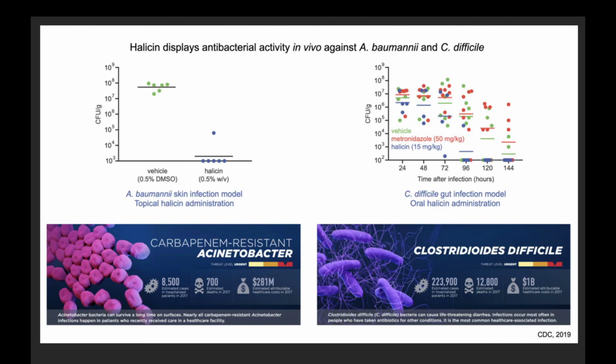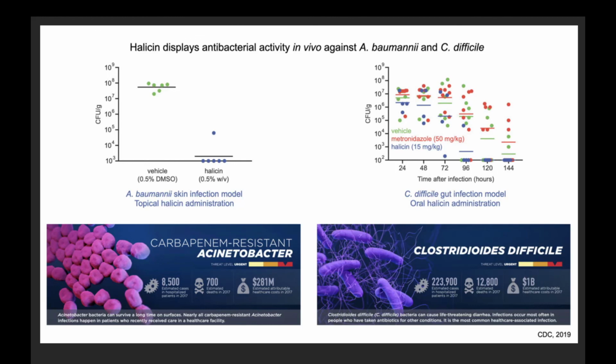So baumannii is a problem for soldiers, wounded soldiers, particularly in the Middle East. And Acinetobacter, this pathogen is particularly worrisome because of its propensity to acquire and maintain antibiotic resistance.